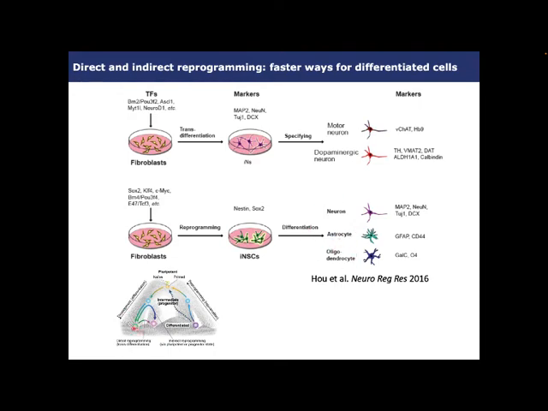So with this way, we can push up this ball toward the progenitor status and push down toward another lineage cell such as astrocyte. We can generate the fibroblast toward this iNSC, neural stem cell, and generate diverse types of neural lineage cells with this indirect reprogramming.